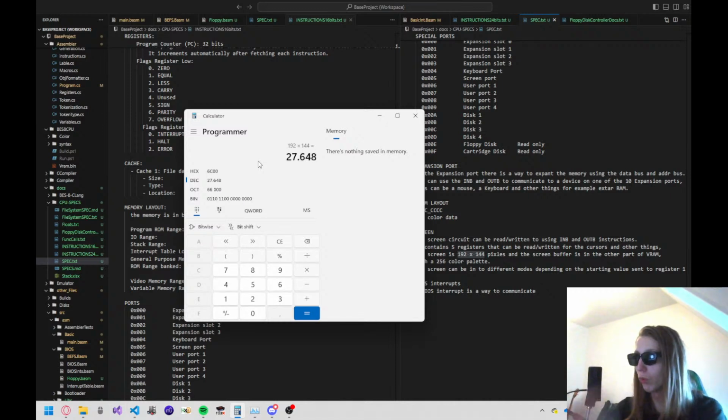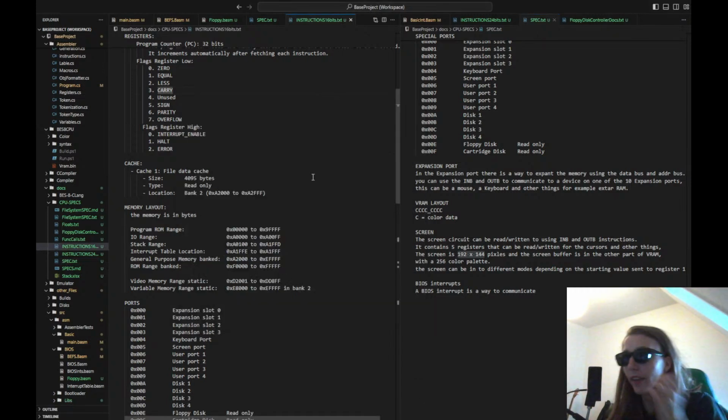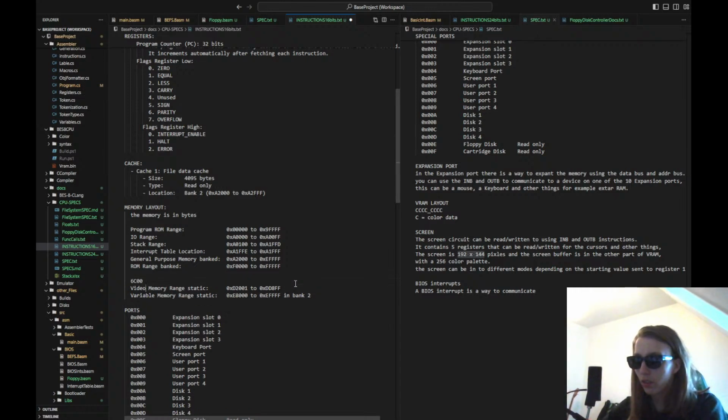Times 144. That's 127 or 6C00 pixels. Oh, sorry, bytes we need. And how much is there here?